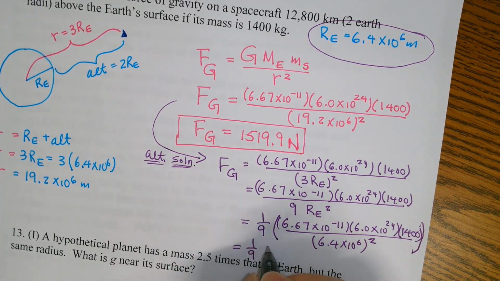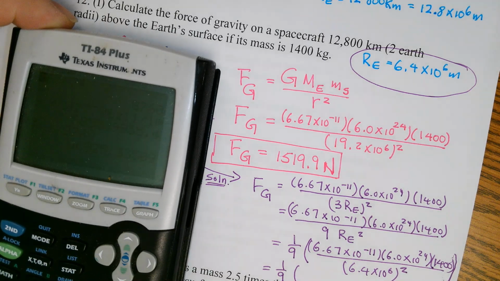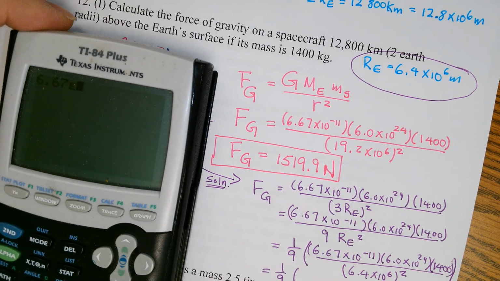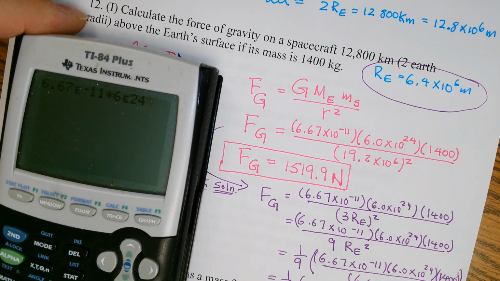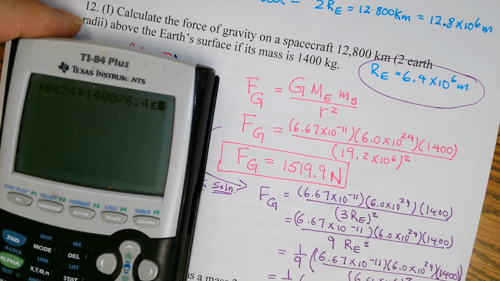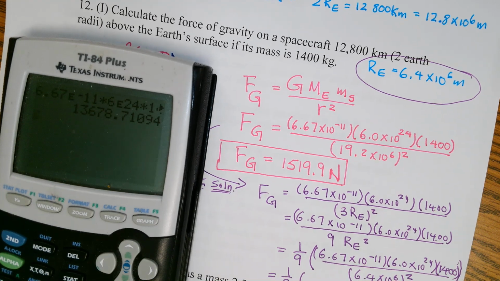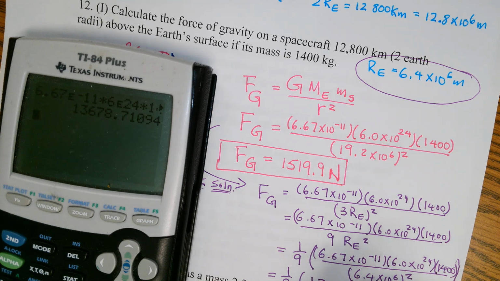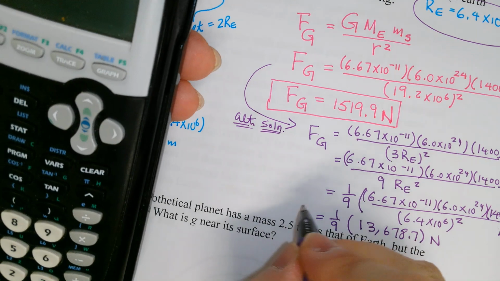I get something like 13,678.7 times 1/9 newtons. That's my FG.